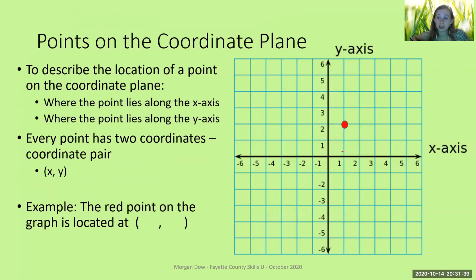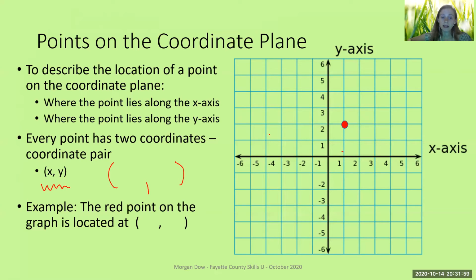The name of these two coordinates is the coordinate pair. It's two numbers, so it's a pair of coordinates. And the coordinate pair is always written with parentheses and a comma separating the two numbers. The x coordinate always comes first, and then the y coordinate, in alphabetical order.